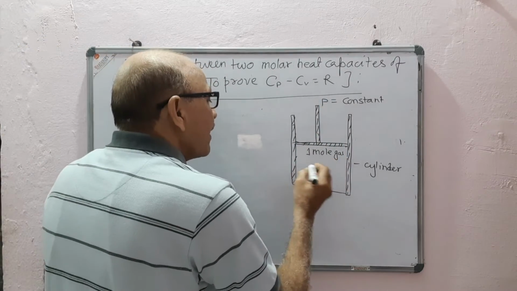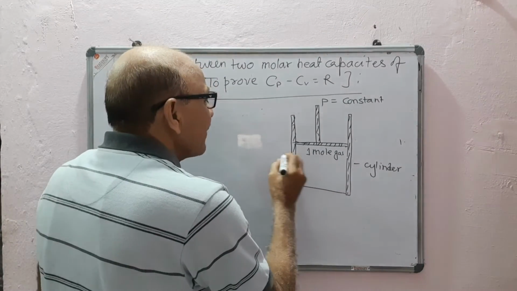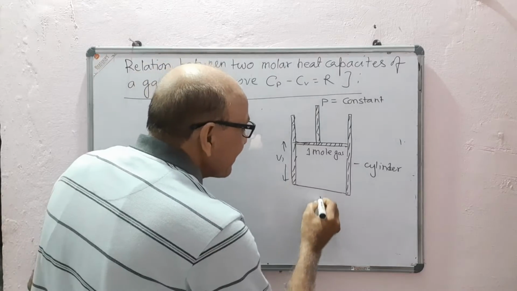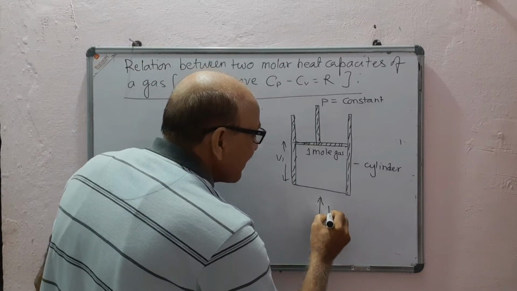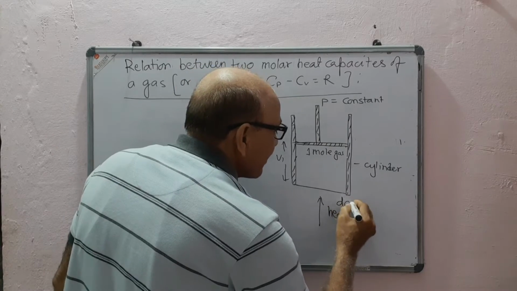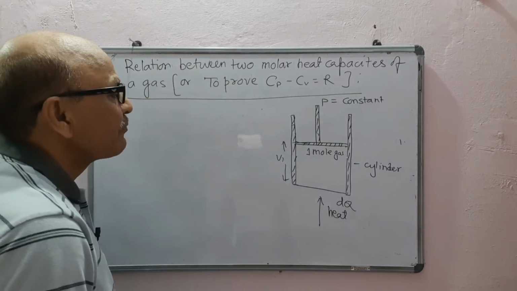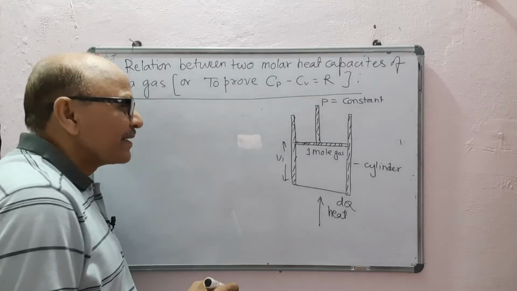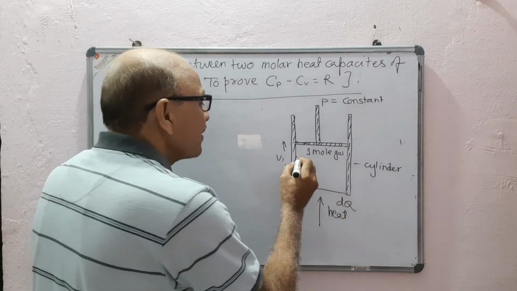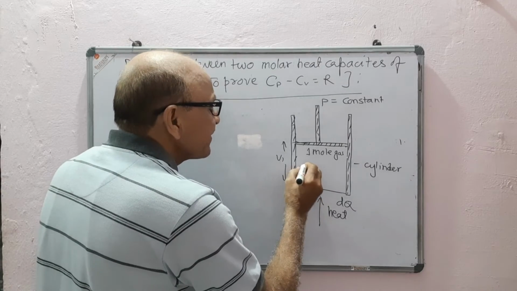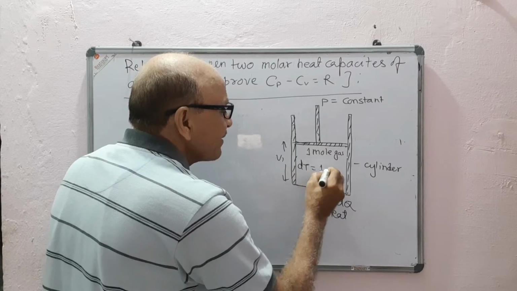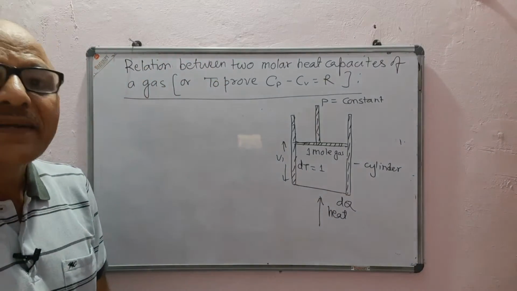At temperature T1, volume is V1. When gas is heated by giving heat dQ to the gas, its temperature increases by 1 degree from T1 to T2 such that T2 minus T1 is 1 degree, means dT is 1. dT means here T2 minus T1.